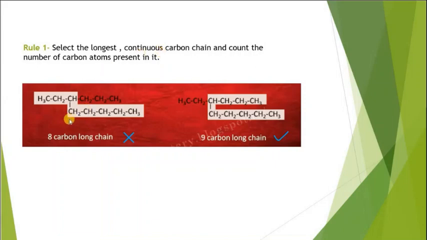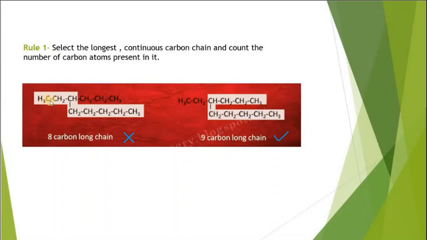For example, you can see this compound. It has two chains of carbon atoms that are linked together by one intermediate carbon atom. These two chains can have two kinds of numbering. The first one is being shown to you over here. If I follow this highlighted area, how many carbon atoms will come in a continuous chain?